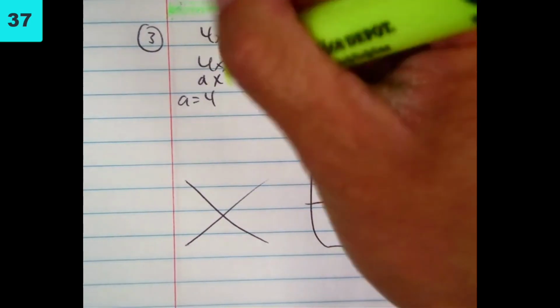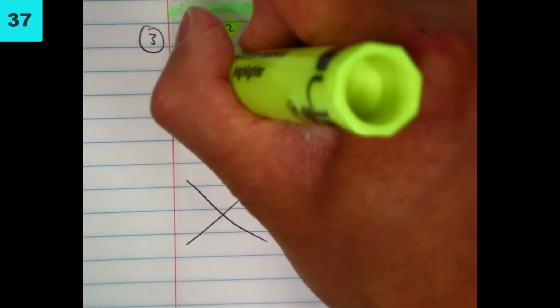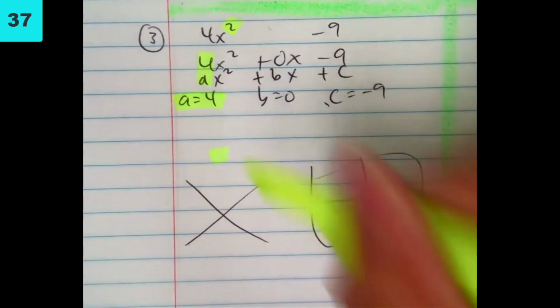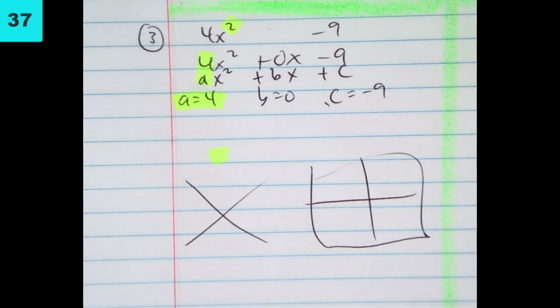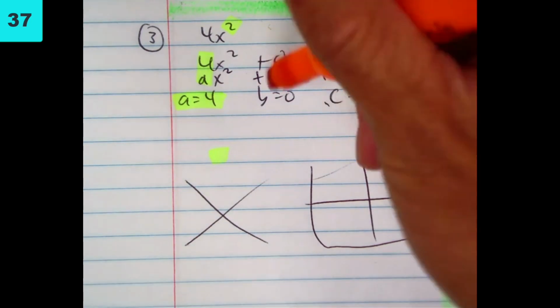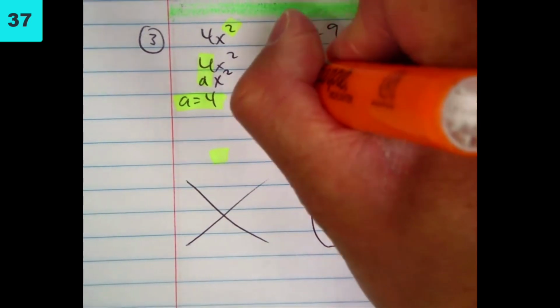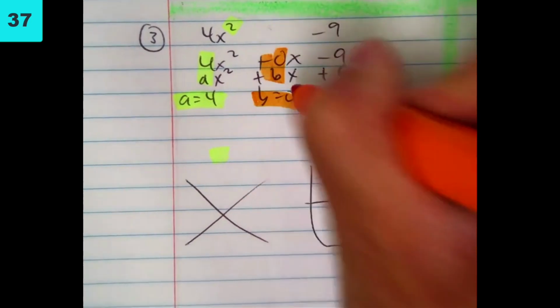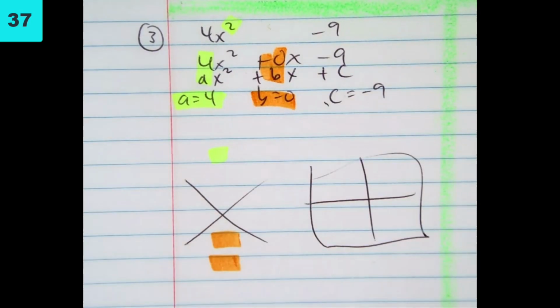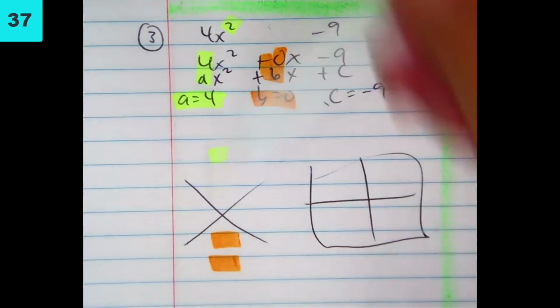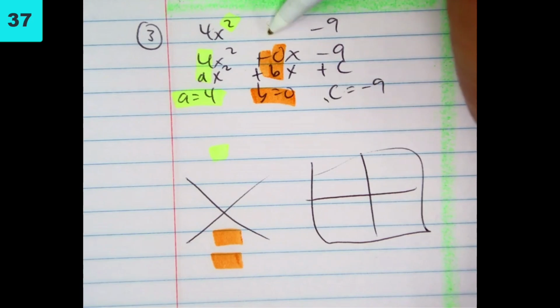Here your a value is 4. Your b value is 0. Now, what that means is, notice how when I wrote the problem, I wrote a space in here. In your next math class, I would call that a placeholder.